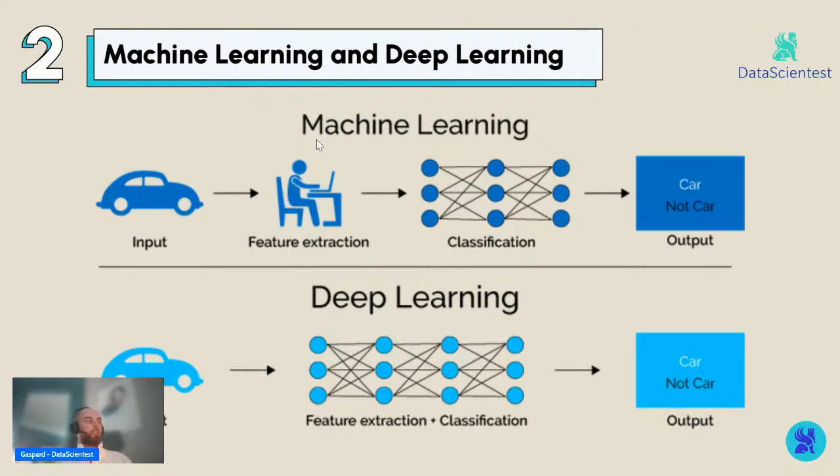The feature extraction will be done by the data scientist. We call this work feature engineering. You will manipulate the features, maybe remove some of them, or select the most important ones, or apply some transformation, normalization, standardization, and so on. And then you would have your machine learning model, which, based on the features you gave it, tries to predict something. That's the classical machine learning approach when you have structured data.